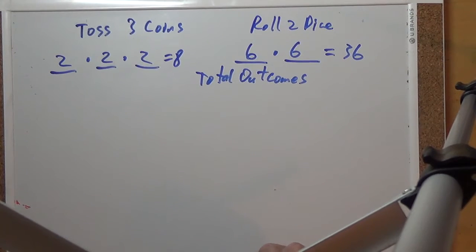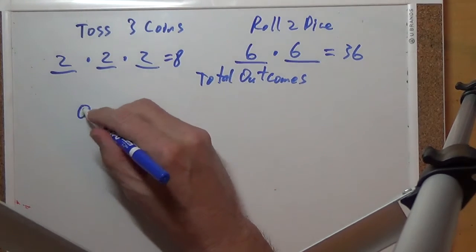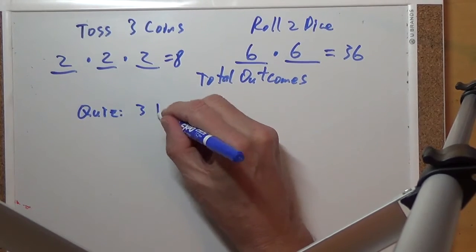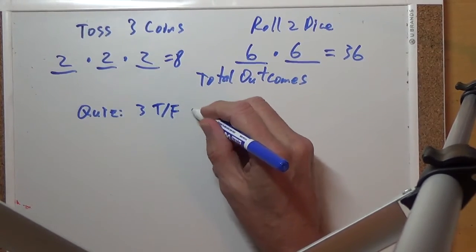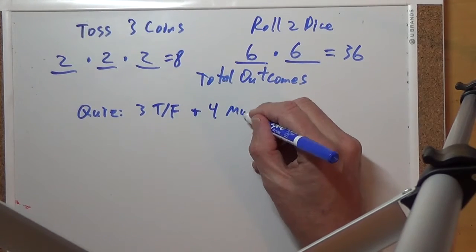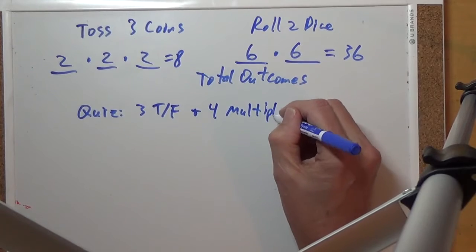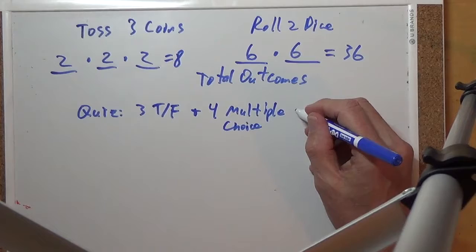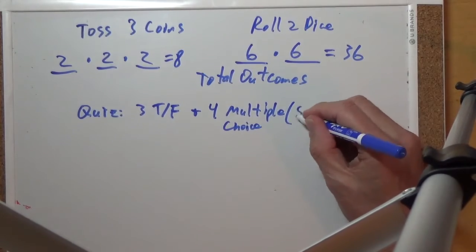So let's just try another example of this. Suppose we're taking a quiz. 3 true-false questions and 4 multiple choice. And each multiple choice question, let's say, has 5 answers.